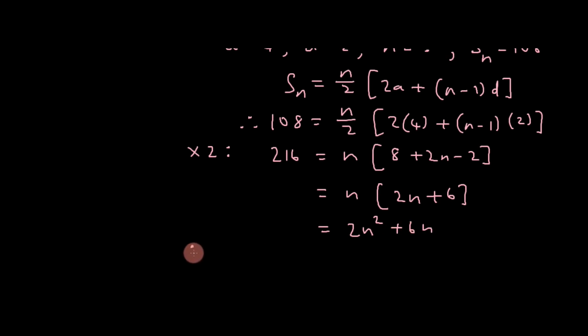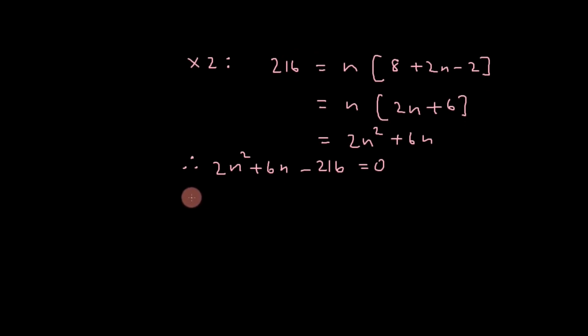And we can bring all the terms to one side. We have a quadratic equation in n. We can simplify it by dividing through by 2. And now we can use a quadratic formula to find n.